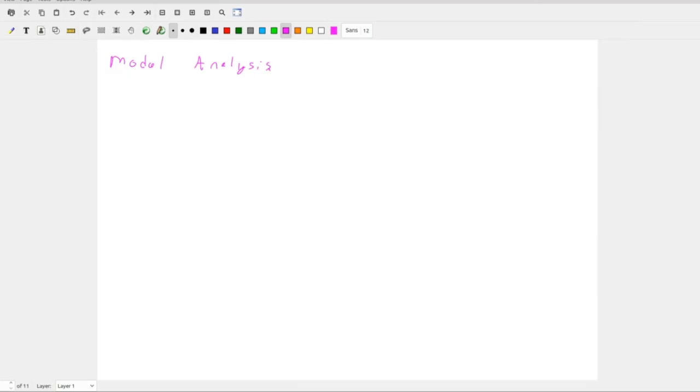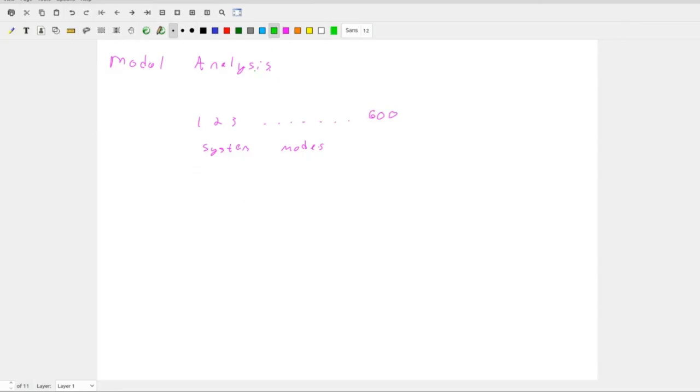So we need to think about these continuous systems and how we model them. What we can do is model a system for a given number of modes. Let's say we have a system, and our system modes are 1, 2, 3, up to, let's go, 600.